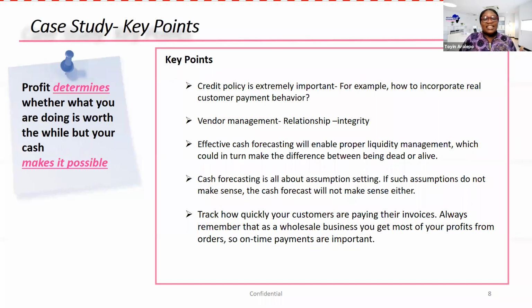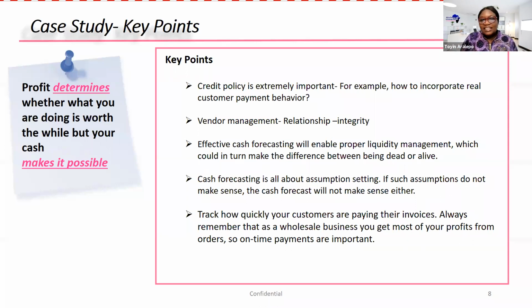Otherwise, you'll be incurring additional costs and you'll be denying yourself of additional sales. And your vendor management, remember that if he had good relationship with the vendor as well, if he has built trust, then they can give him some of the fabrics and ask him to pay later, right?